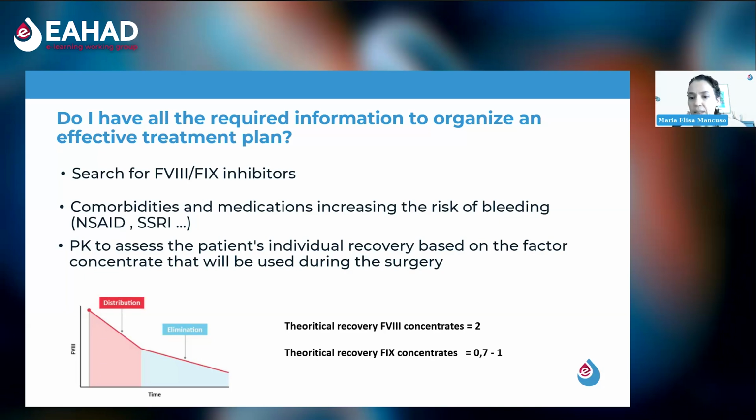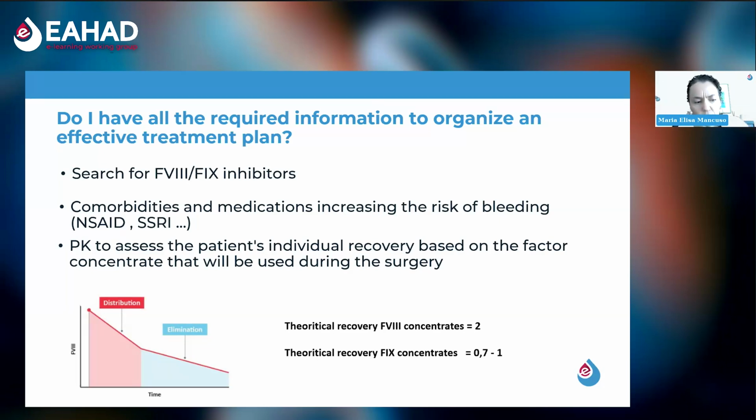And they can appear even in asymptomatic patients, so not necessarily with symptoms. So it's a good practice to check for inhibitors prior to any surgery, just to be sure that there is no chance of neutralizing antibodies that may, of course, hamper the effectiveness of the replacement therapy.